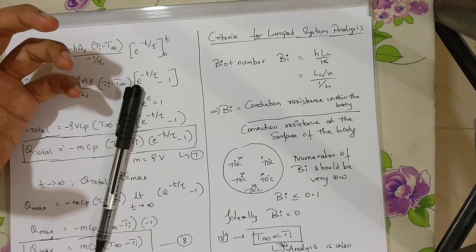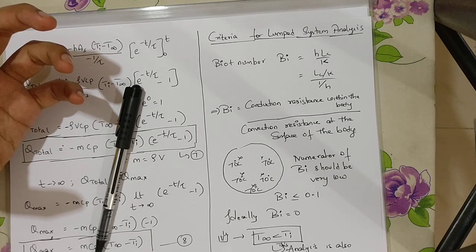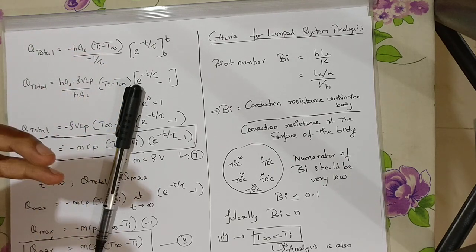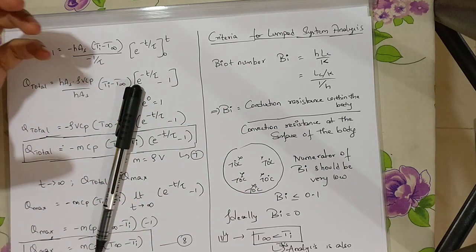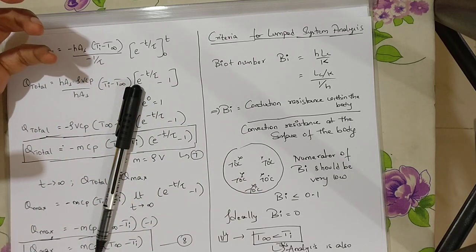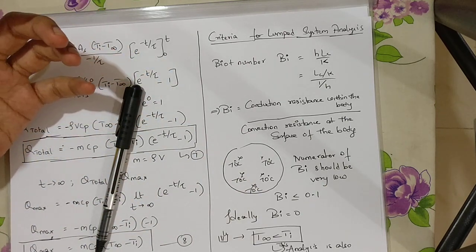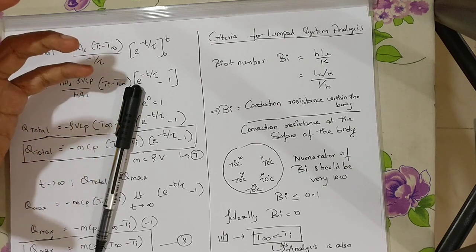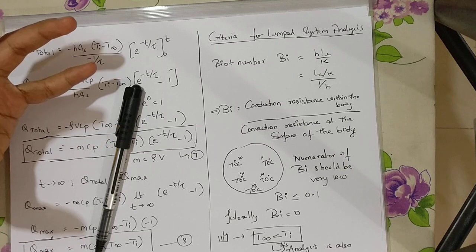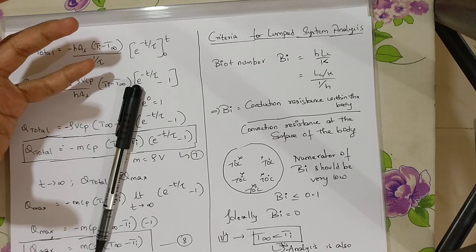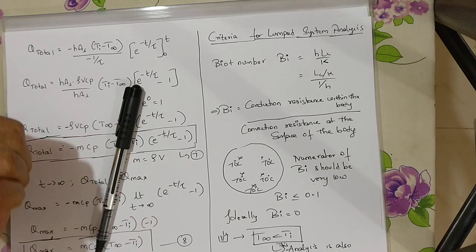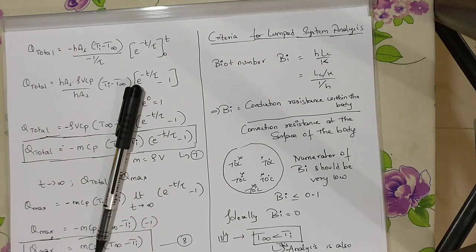Suppose the car is in running mode on the road with an ambient temperature of say 35 degrees centigrade. So this brake tends to cool down with time. So lumped system analysis could be very helpful in doing that. But the material of those brakes should be such that the Biot number is less than or equal to 0.1. So this is a very important criterion to implement lumped system analysis, guys.